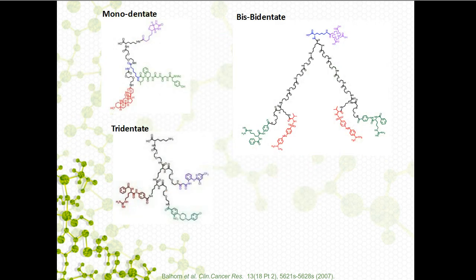They could be monodentate, bidentate, tridentate, and even tetradentate shells. And as the number of ligands inside the shell increases from monodentate to tetradentate, the binding affinity increases from nanomolar to picomolar affinity.